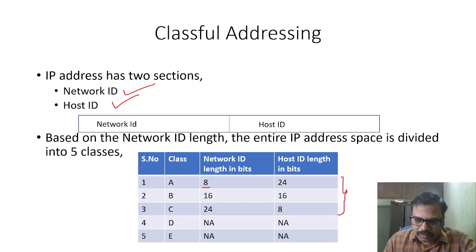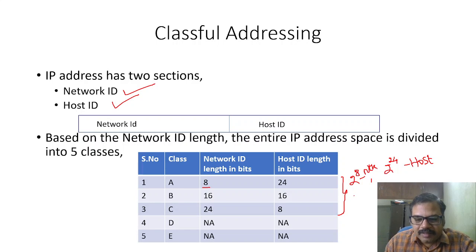So what are the consequences of these net ID lengths? We have the first 8 bits to represent the network ID. So in class A, we can represent only 2 power 8 networks and 2 power 24 hosts. Host means computers. This is the network.